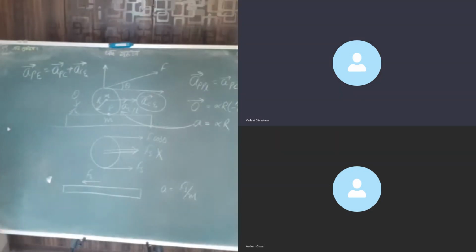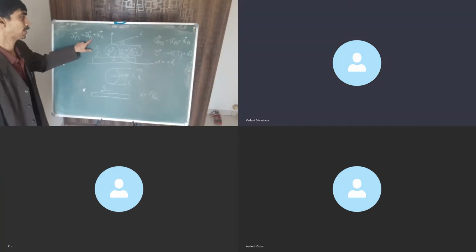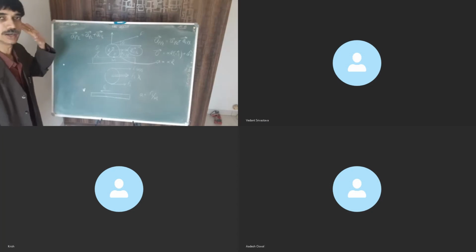And if point P is not to slip, then what acceleration should point P move with? Think about it. Firstly, I have to find what is acceleration of point P with respect to Earth, which I get as point P with respect to center plus center with respect to Earth.